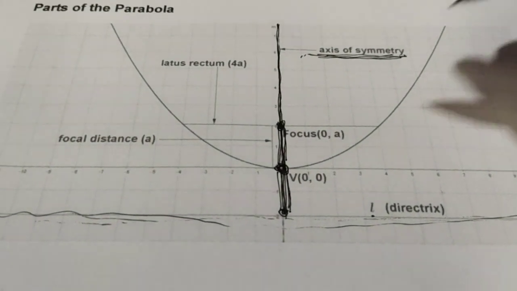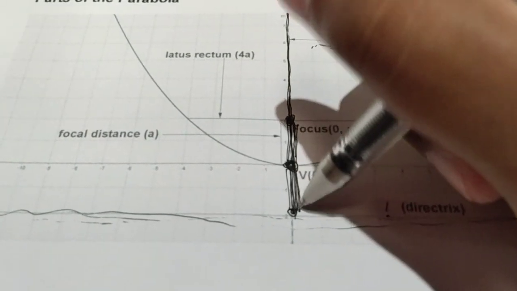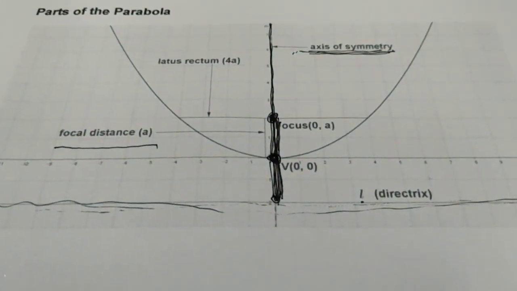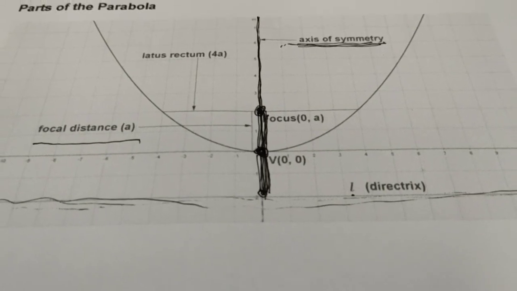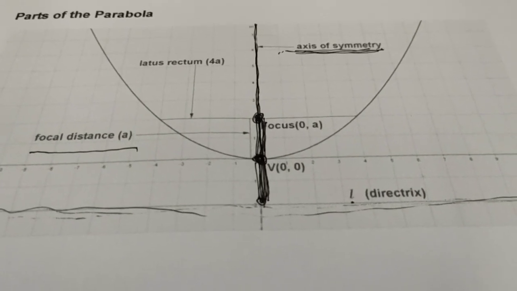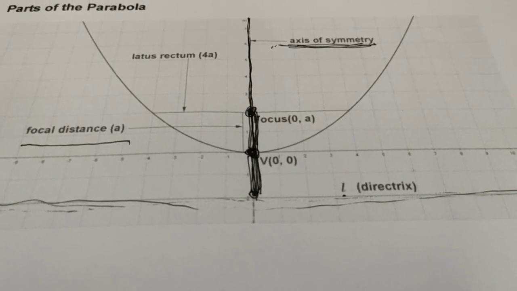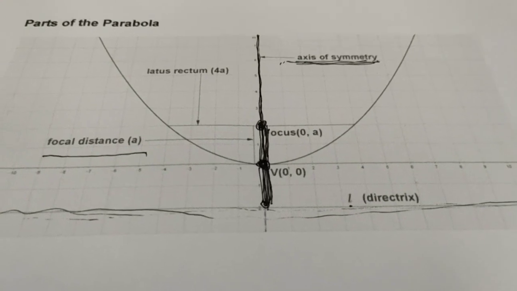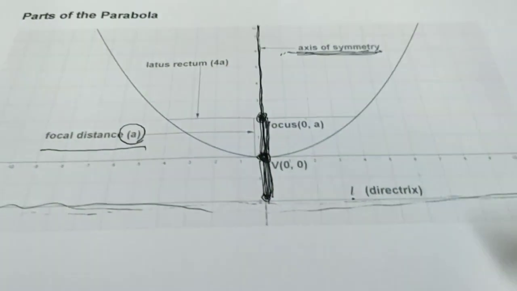The distance of the vertex to the line of directrix and to the focus is what we call the focal distance. In other references or books, they denote focal distance as C or P. But in this module, we are going to denote focal distance as a.